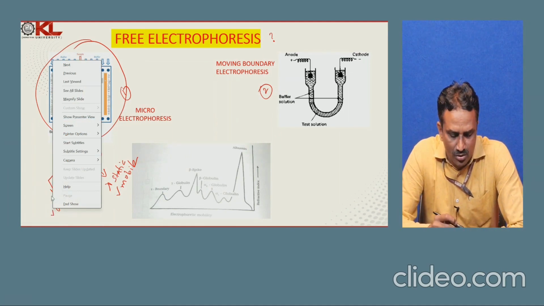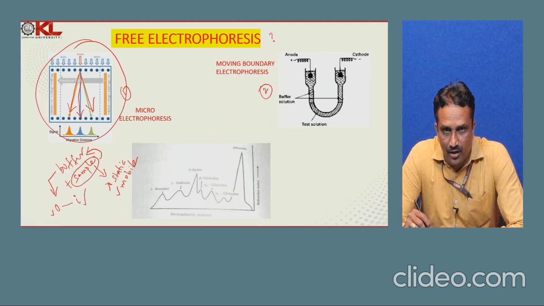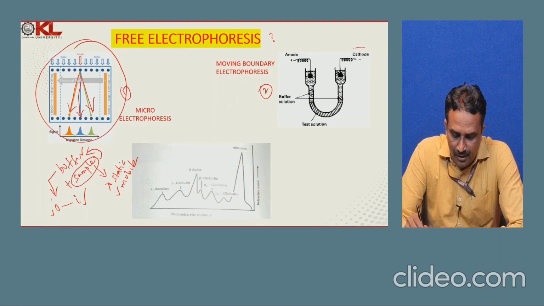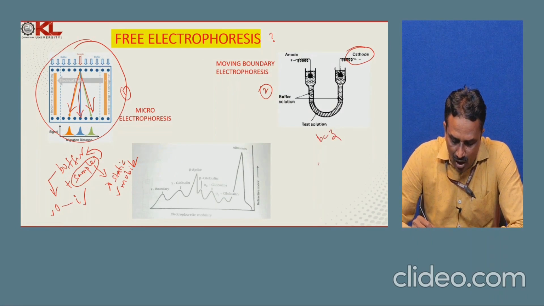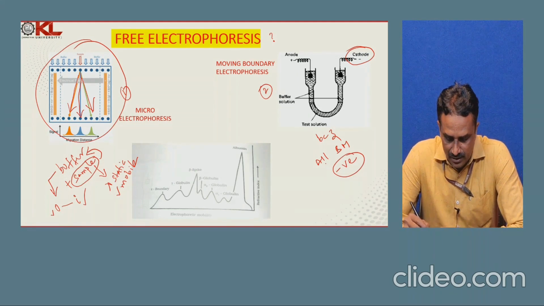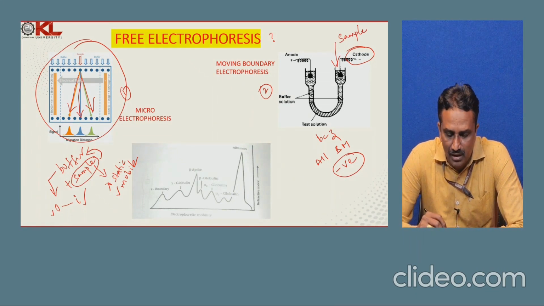Now coming to moving boundary electrophoresis, here also the sample will be loaded preferably at the cathode end. Why? Because all biological macromolecules or biological samples are negatively charged in nature, hence the sample is preferred to be loaded at the cathode end rather than the anode end.